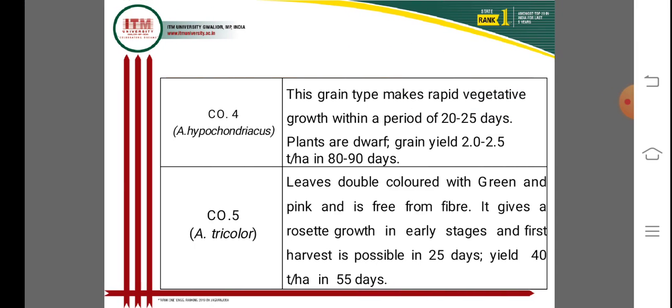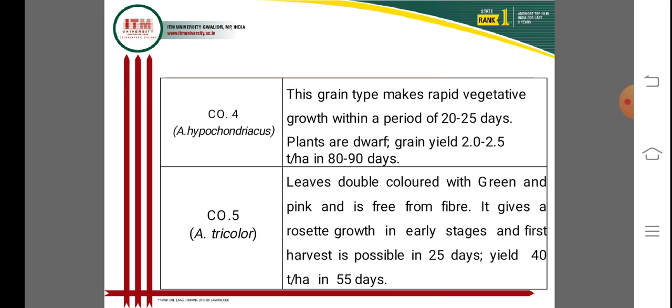The next variety is CO4, Amaranthus hypochondriacus. These are grain type varieties that make rapid vegetative growth within 20 to 25 days after planting, and the plants are dwarf.